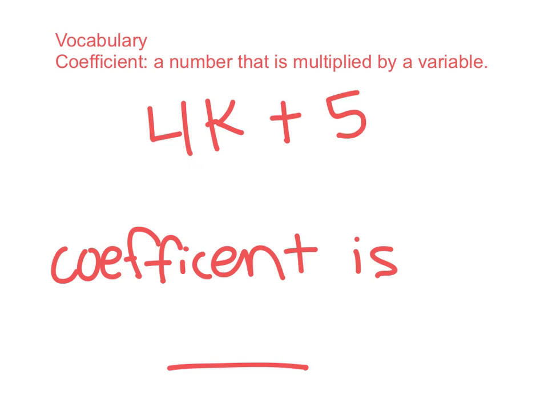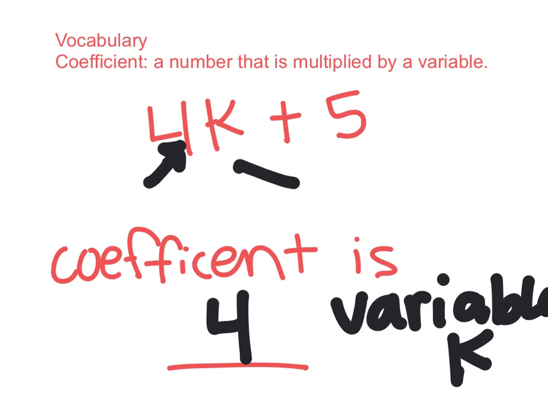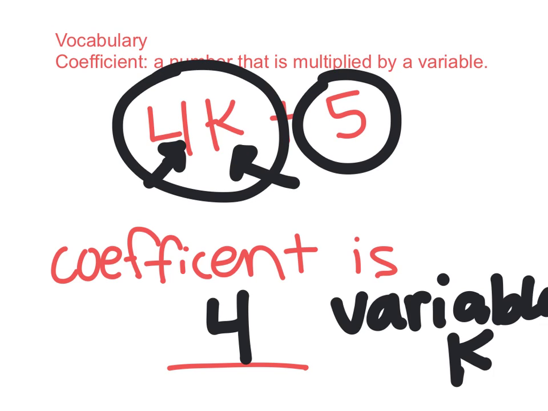It's 4. So in this situation, the coefficient is simply 4. And our variable is k. I'll write that in here just to remind us. Coefficient is the number being multiplied by the variable. So there's our coefficient, and here is our variable. And then again, here's a term and that's a term.